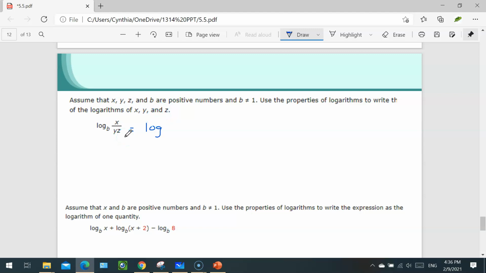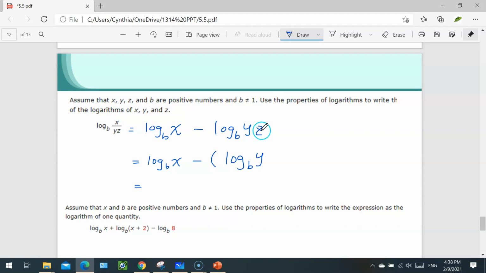Expand the single log into two individual logarithms. So we have the base b. The numerator turns to the first term, x. Now you minus another log with base b. You copy down the denominator as yz, so we have log base b of x as the first term, and the second term, we have log base b of yz.